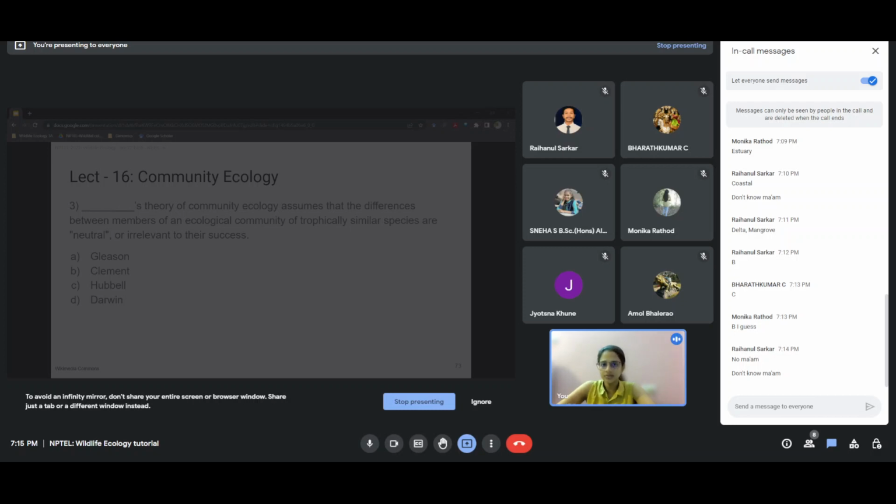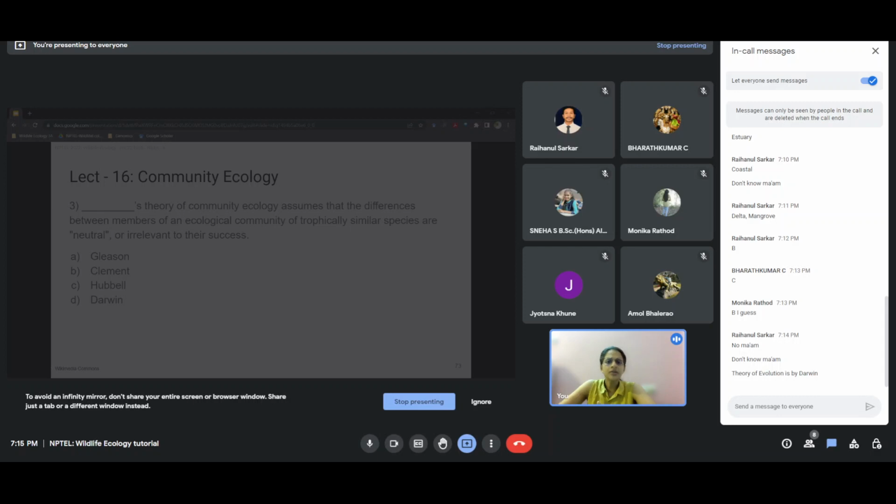But the other two scientists, so basically, Clements assumed that the ecological communities were. Yes, the theory of evolution is by Darwin. Yes, natural selection, the theory of natural selection is by Darwin. Yeah. So Clements assumed that ecological communities were comparable to superorganisms, where interactions of different species boost a direct pattern of evolution of the community.